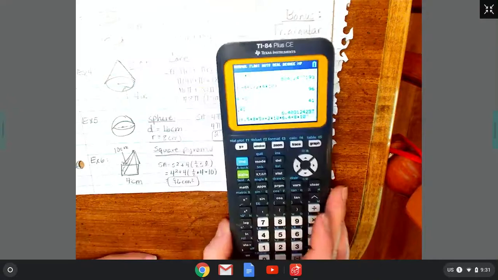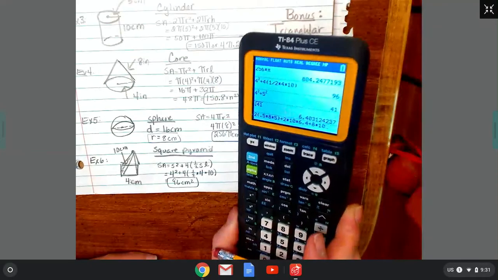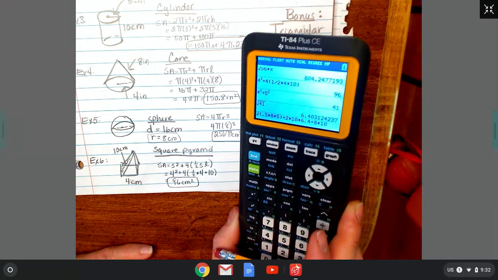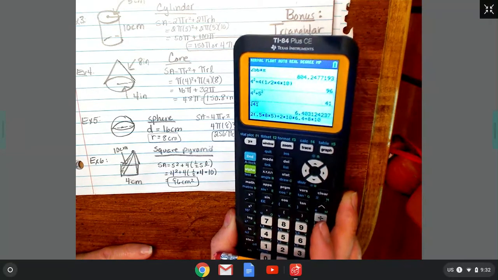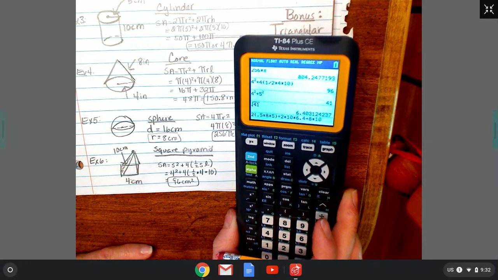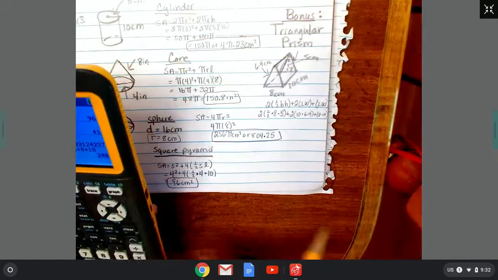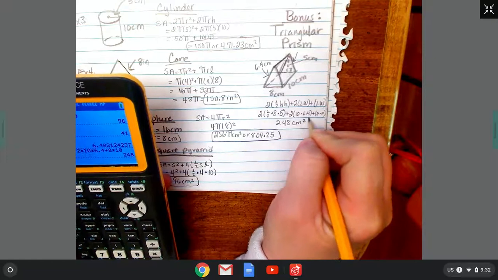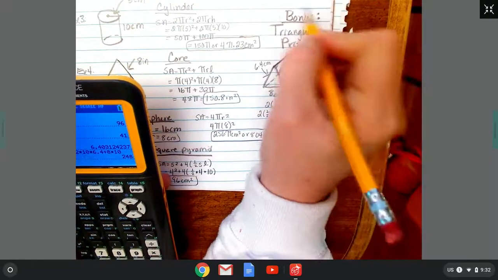You guys can't see that on my calculator, but I am typing it all in one big strand, and I was just showing you I could do that. So 2 times my triangles, 1/2 base height, plus 2 times the sides, 10 times 6.4, and then the bottom 8 by 10. So 248 centimeters squared.